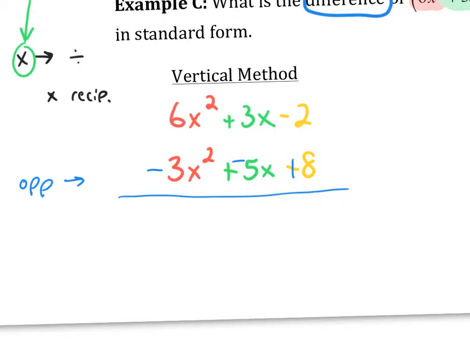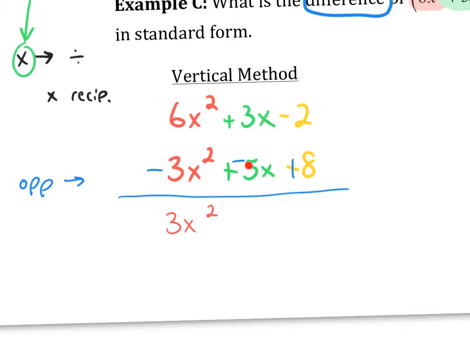If you're using the same color, it might be hard for you to see those changes. So somehow on your notes, make note that you're taking the opposite there, because subtraction is adding the opposite. So now that we've taken the opposite all across the board, all we have to do is add downward. So 6x squared plus a negative 3x squared is 3x squared.